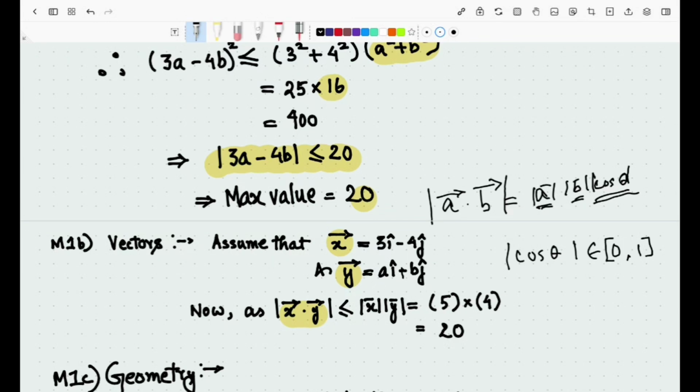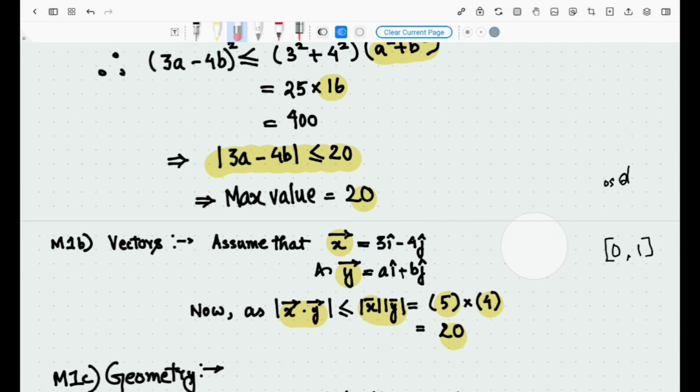When I take it equal to 1, the value of the expression would be modulus of x vector into modulus of y vector, right? And we know that modulus of x vector is equal to 5 and the modulus of y vector is equal to 4. So it's a very easy calculation from here, that is 20, right? So it is also giving the same value as the answer.